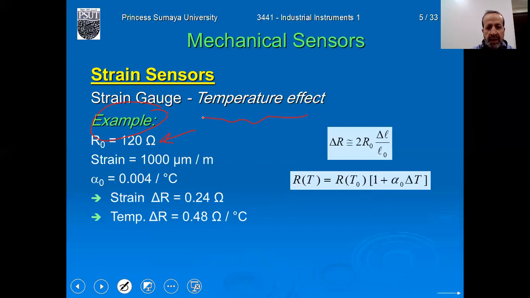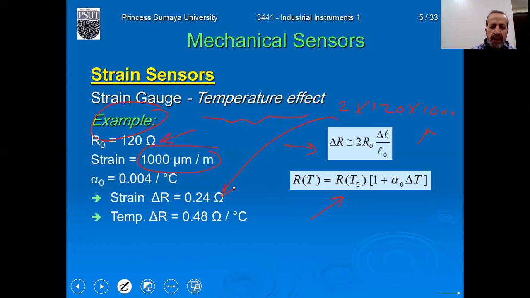Suppose that we have the delta R, change in resistance due to strain, is this equation. Delta R due to temperature changes, we will use this equation. So for the strain, delta R is equal to 2 times 120 ohm times the strain, which is 1000 micro. If you multiply this, you will get this result. We have a change of only 0.24 ohms. This is due to the strain.